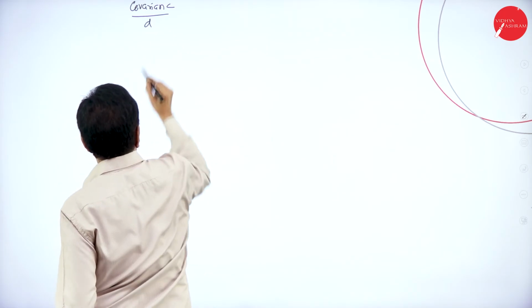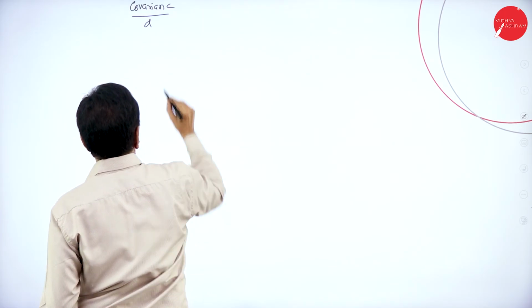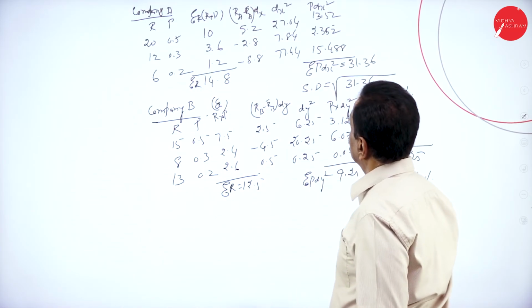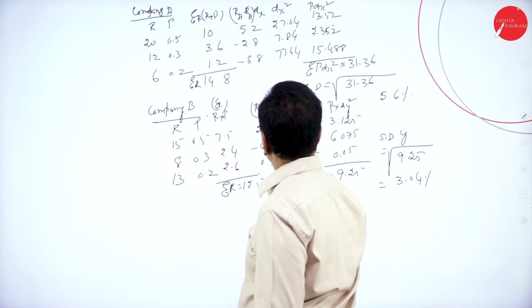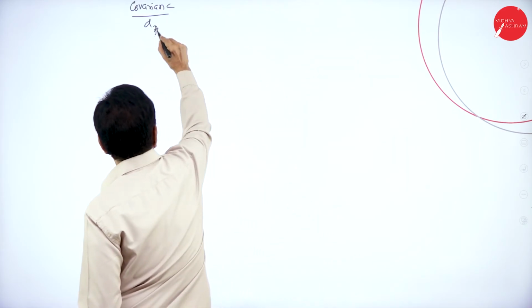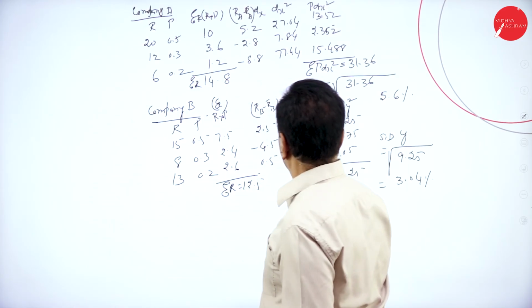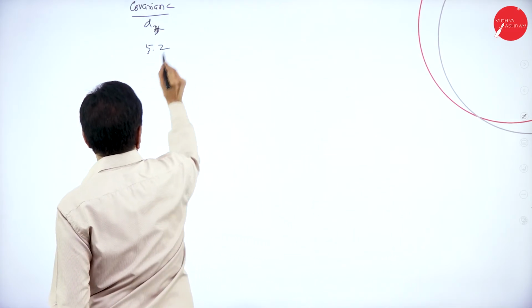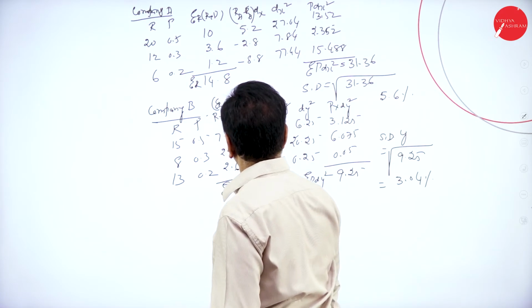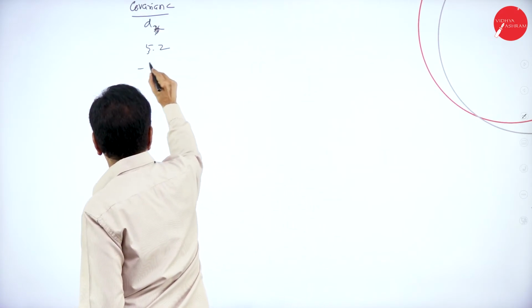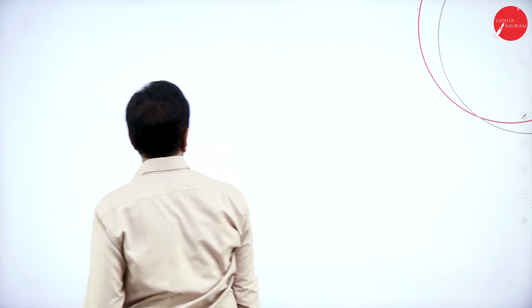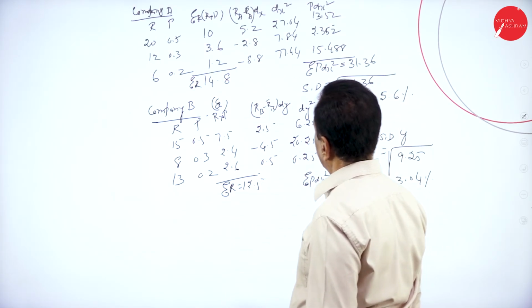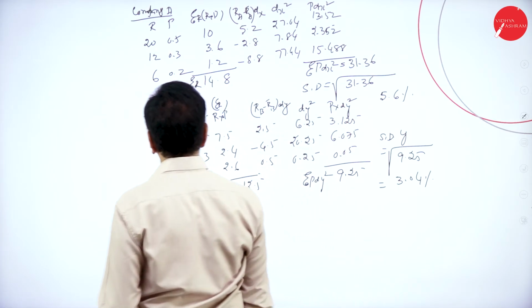First is the deviation of A, which you call dx: 5.2, minus 2.8, minus 8.8.